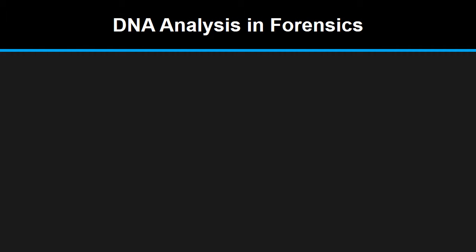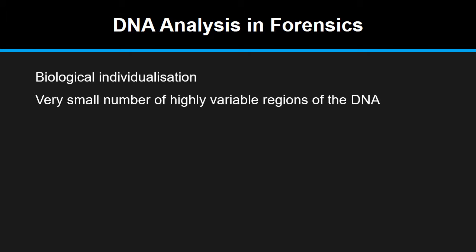Forensic science relies on DNA analysis for its reputation as the ultimate method of biological individualization. Forensic geneticists are not interested in the entire genome of individuals. Their primary interest is in a much smaller number of highly variable regions of the DNA, which is just about 1/1,000,000th of the genome.